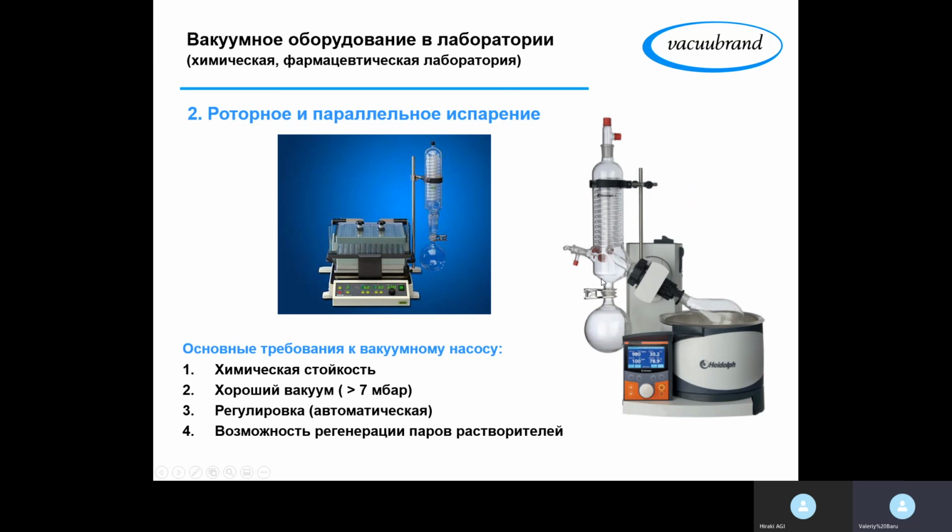Why? Because we have the vapors. When the vapors start to appear here, so the boiling process starts, then we have the vapors. Although the pump continues to pump, it will just create an additional force for the vapors to evaporate from the evaporating flask and condense on the condenser.